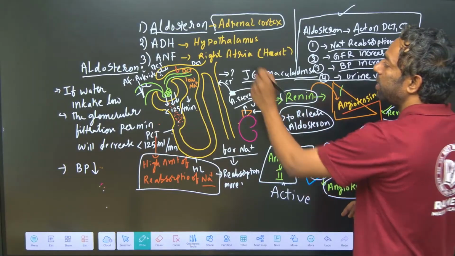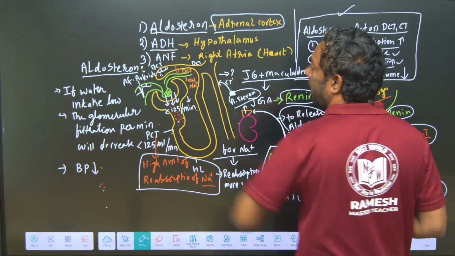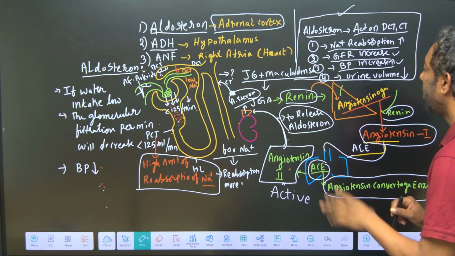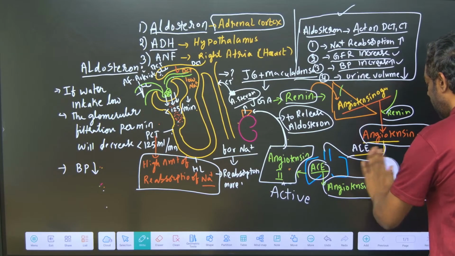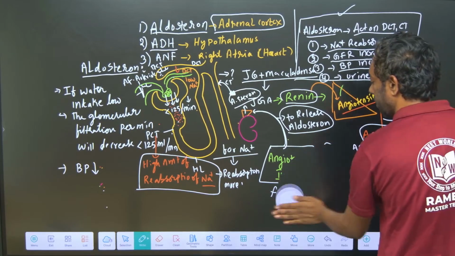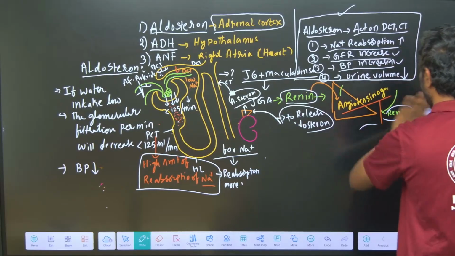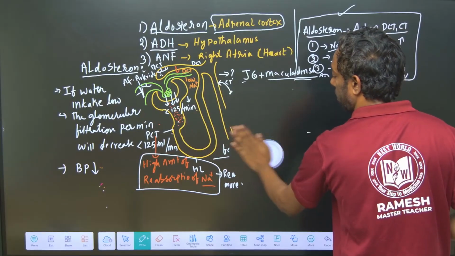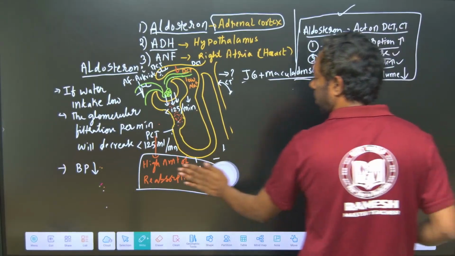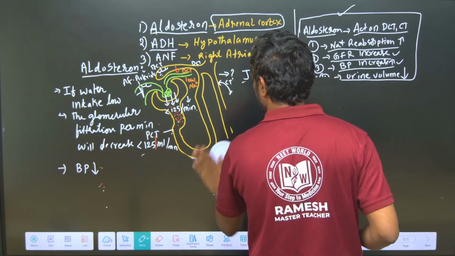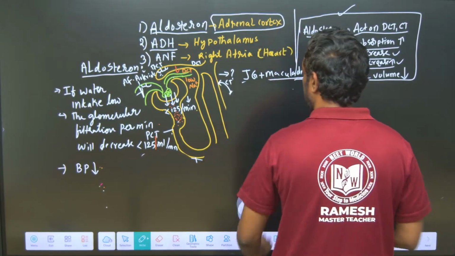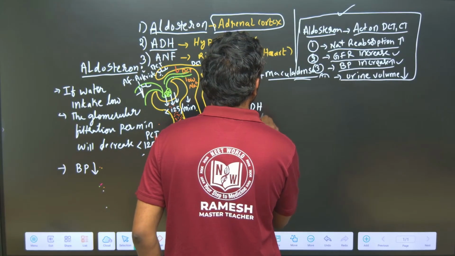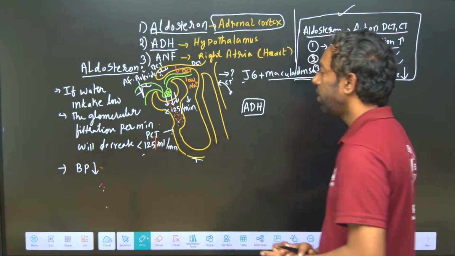What is ADH? What is the role of ADH? We are going to discuss the role of ADH. ADH is antidiuretic hormone.